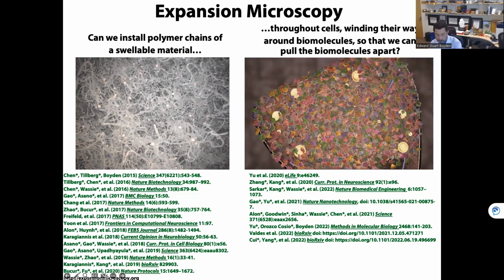The spacing between polymer threads is only 1 to 2 nanometers on average. We anchor key biomolecules to the polymer. We soften the specimen through enzymatic or heat or detergent treatment, and we add water to expand the specimen, and that allows an even expansion of a biological specimen down to nanoscale precision.